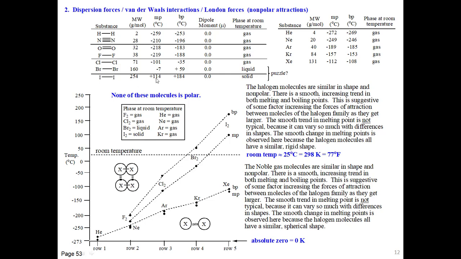That's actually above the boiling point of water. And then if we keep heating, it'll start to boil at 184. So it shows you that even though we say dispersion forces are weak, if you have enough of them, and iodine has enough, then they can become strong enough that it still requires a lot of energy, 184 degrees, to boil it. Okay.